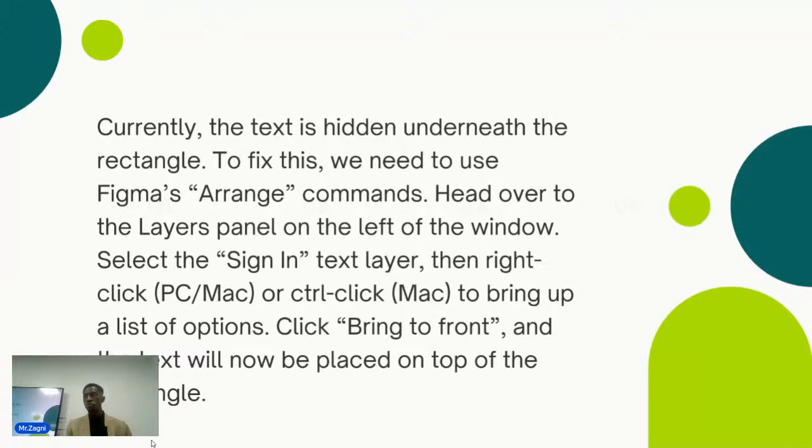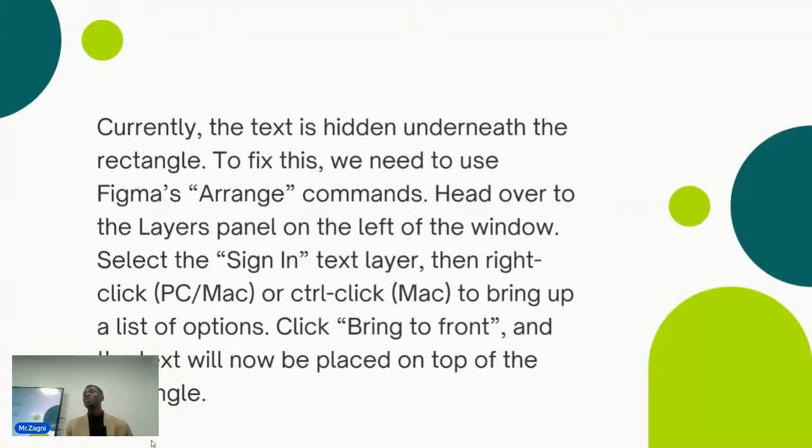You can also do a right click. Do a right click, let's see. No, on your text. On that, yeah. So do a right click, let's see. Did you see bring forward? Have you seen it?